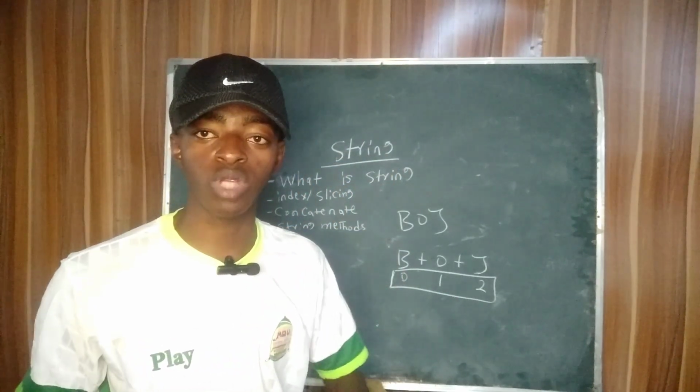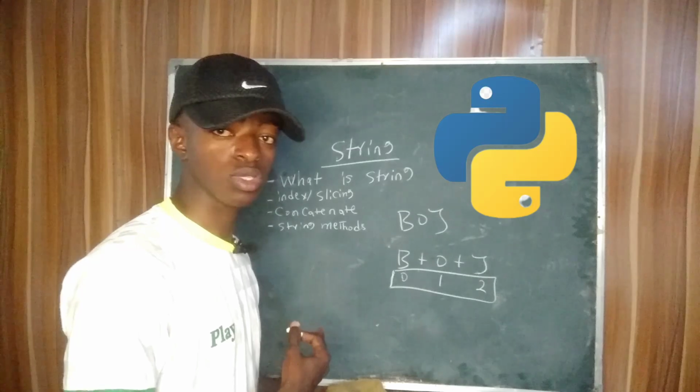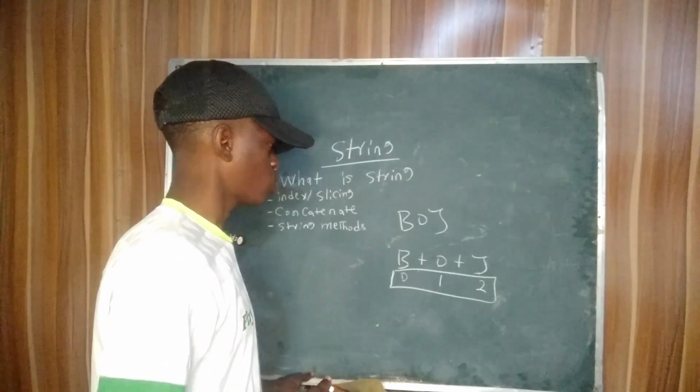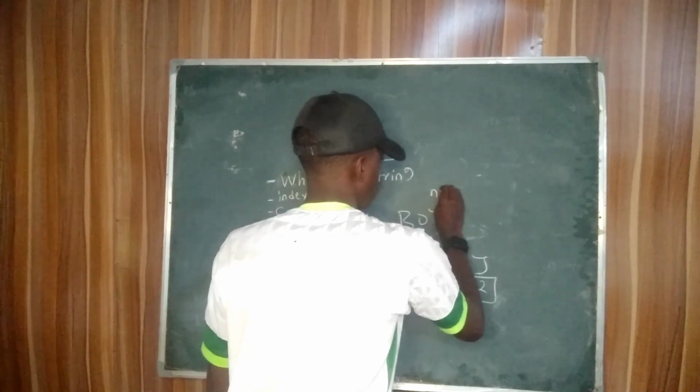So for you to access a specific character in programming, this is how you're going to do it. In Python, since we are using Python here, let's say I store this boy in a variable called name.